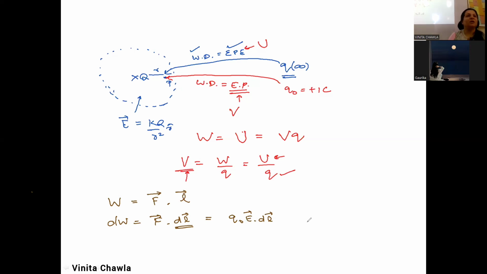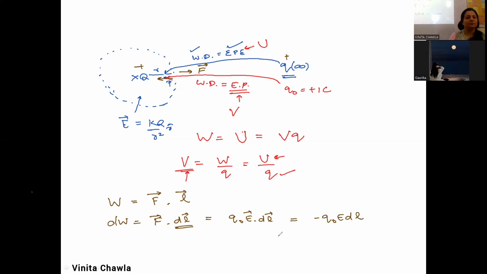So for a unit positive charge, we can write Q naught as 1. And one more thing, we had discussed this in the previous class as well. Suppose this is a positive charge and this is also a positive charge, and we are moving this charge here. In which direction will the force act? In this direction. And in which direction will the displacement be? The opposite direction. What is the angle between the force and the displacement? 180 degrees. So this will become negative, right? So we can write this as minus Q naught E dl.